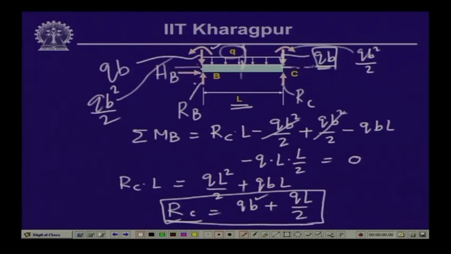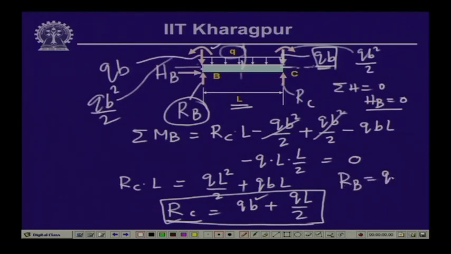Likewise, since we do not have any horizontal force, the summation of horizontal forces equal to 0 will give us the value of H b as 0. So, the value of R b also, from symmetry, will be q b plus q L by 2.